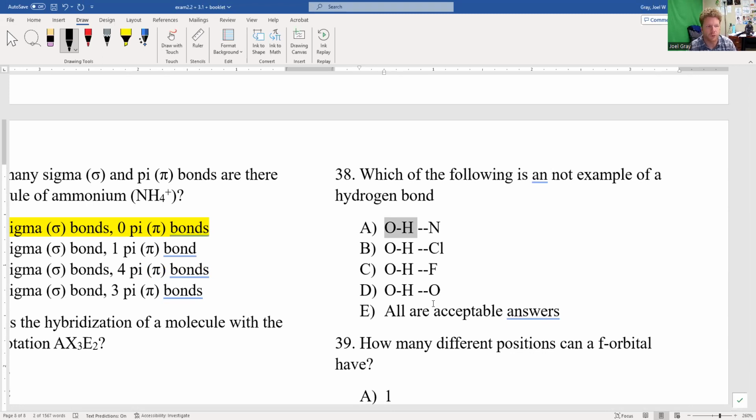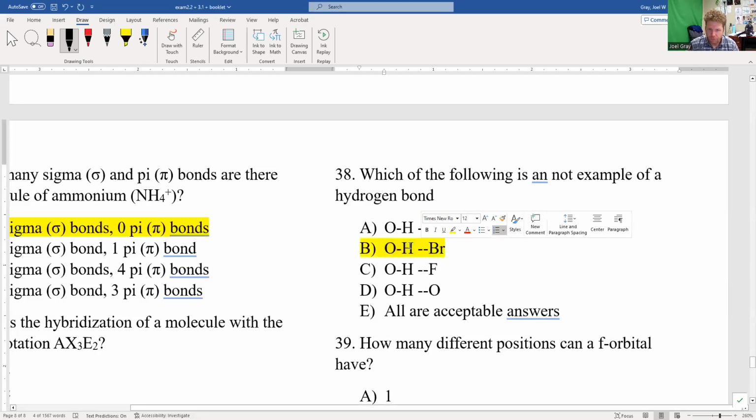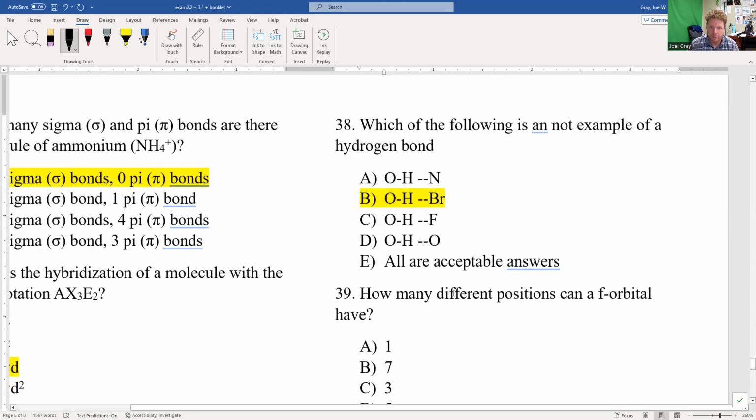Now we need another electronegative element. And our best bets are nitrogen, oxygen, and fluorine. I'm going to push that down to bromine instead, but this is not an example of a hydrogen bond, where there's that bromine that kind of latches onto that hydrogen.